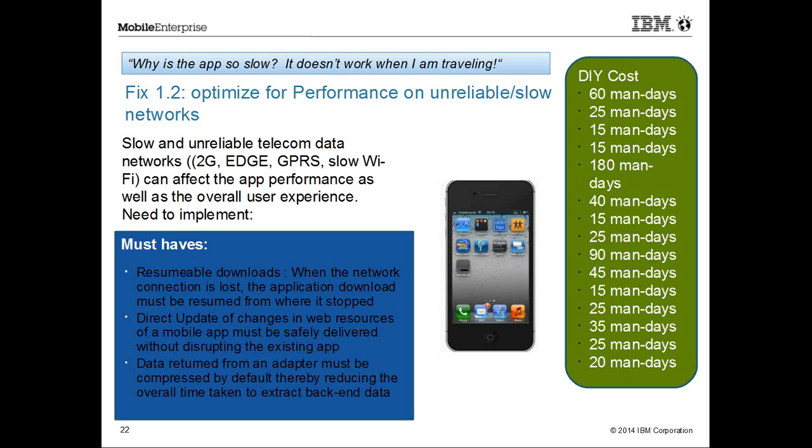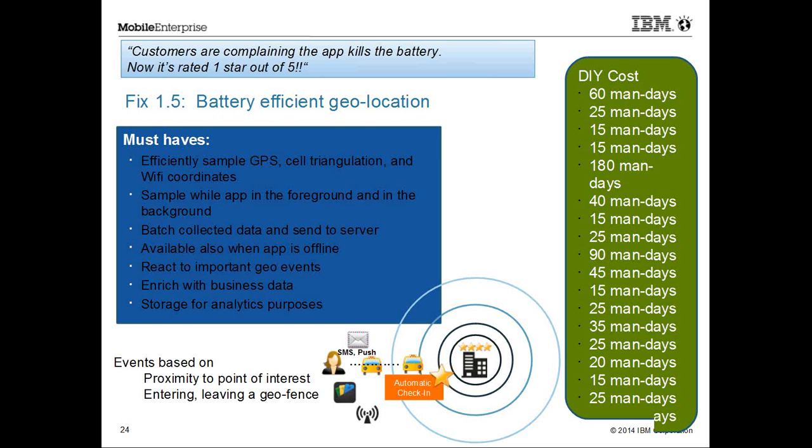And in the absence of Wi-Fi, I can probably look at something that consumes a little more battery, like cell triangulation. And in the absence of either of these, I can go in for a GPS antenna. So building that optimization mechanism for saving battery, right? That takes some effort to build, and that will be about 25 man days.